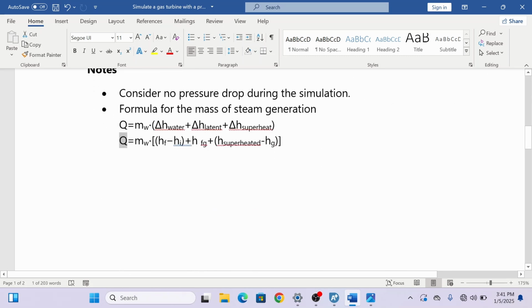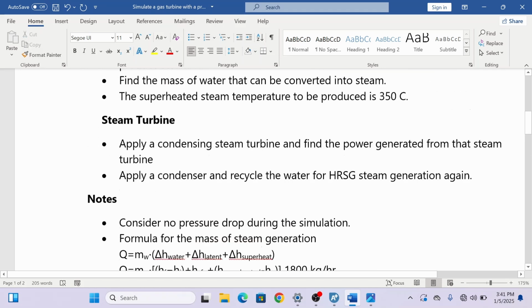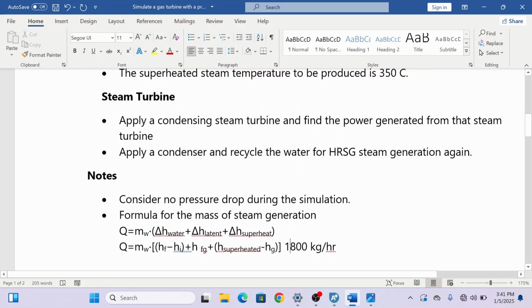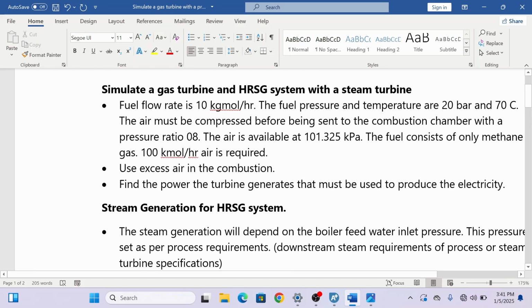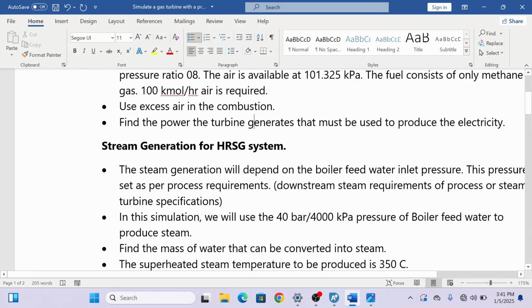You will find this amount of heat, just divide it, and you will find the mass of water. I have calculated, and my initial guess is 1800 kg per hour of water that can be converted into steam of 40 bar at 350 degrees with the heat produced by this gas turbine exhaust gas.